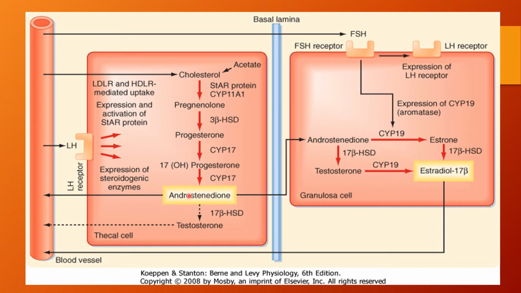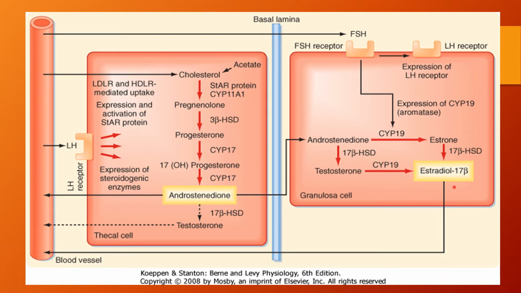Okay, so the androstenedione produced in the theca cell will be distributed to the granulosa cells, and this androstenedione will be acted upon by the aromatase enzyme to produce your estrone, and further acted upon by your 17-beta HSD to produce your estradiol 17-beta. Okay, and another pathway would be the androstenedione being acted upon by your 17-beta HSD to produce your testosterone, then acted upon by the aromatase enzyme to produce your estradiol.